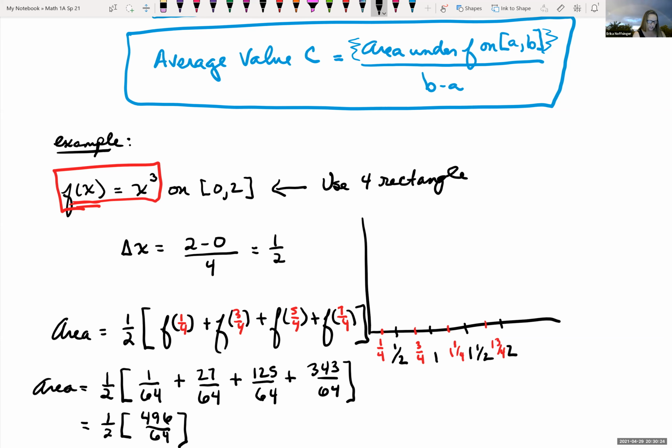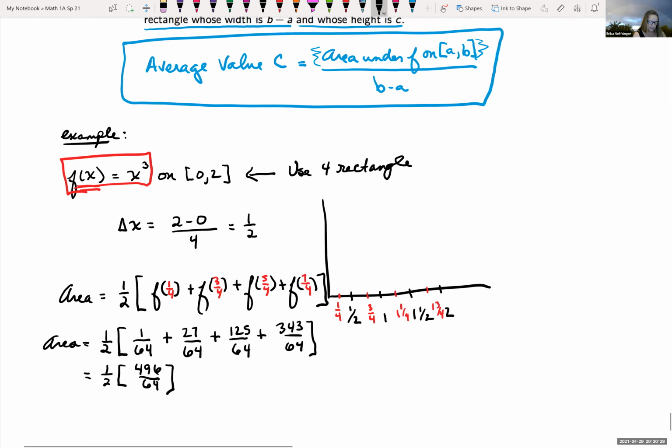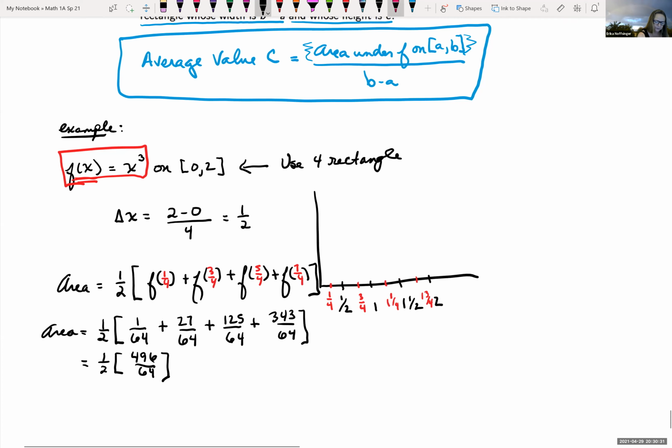Okay, but that is just our area. And I'm going to take a second to reduce this a little bit. I know 2 goes into the even number 496. So 2 goes into 4 twice, 2 goes into 9 4 times with a remainder of 1, so 2 goes into 16 8 times. I noticed that 64 and 248 are both even.